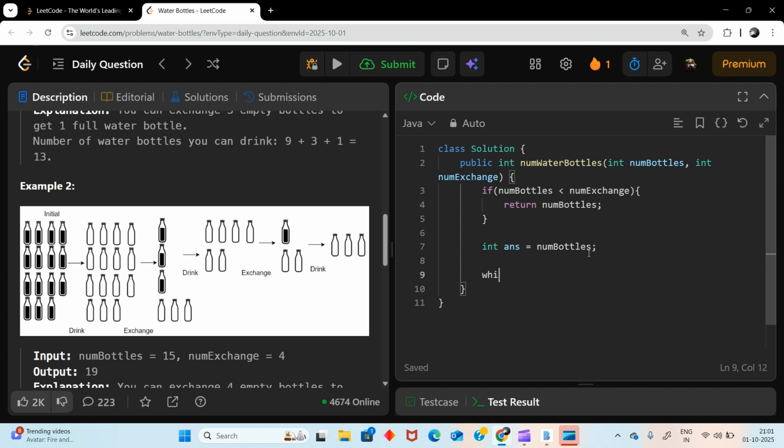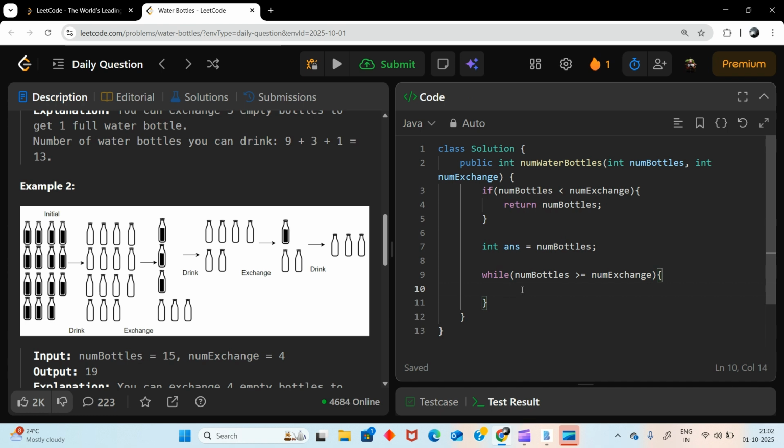Now I'll use a while loop, running while number of bottles is greater than or equal to number of exchange. Say my number of exchange is 4 and I have 3 bottles, I'll stop because we can't exchange.